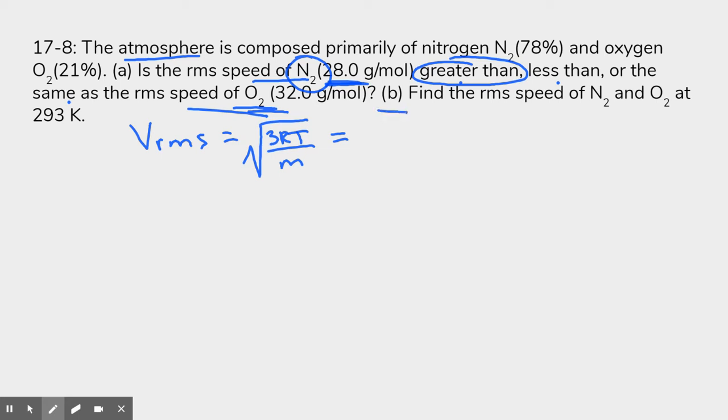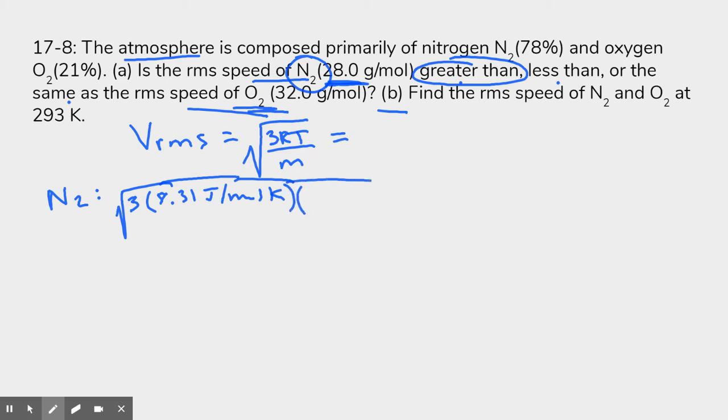And then for part B, we're actually going to calculate this for each one. So for the N2, we'll start with N2. Let's just plug in the information that we know. It's the square root of 3. Okay, R is that constant. And that should also be written on your formula chart, which is 8.31 joules per mole Kelvin.